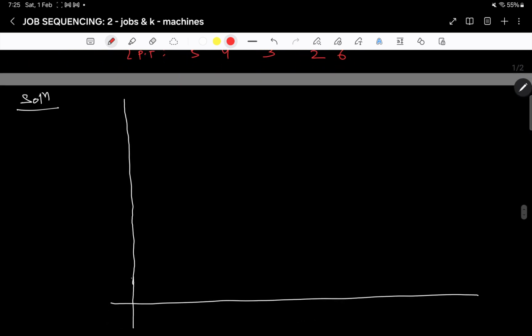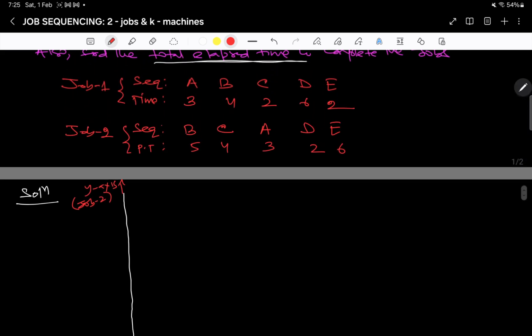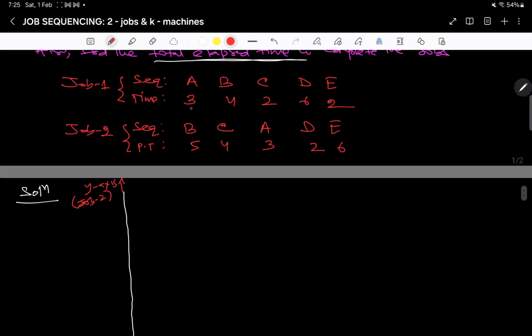So now coming to the solution, you consider the x-axis, you consider the y-axis. This is my y-axis. This indicates my processing time of job 2 and this indicates the processing time of job 1. In proper scale I will mark 3, 4, 2, 6, 5.